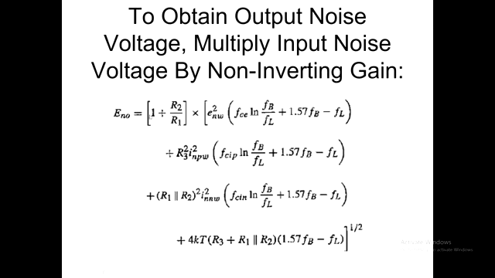That just gets amplified by the non-inverting gain of the amplifier to give us the noise at the output. Simple. Nothing to it. How do we know the current? In the formal slides, it's just a sum from the resistors.